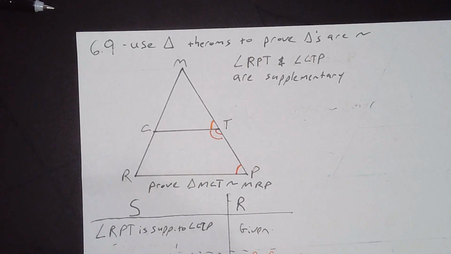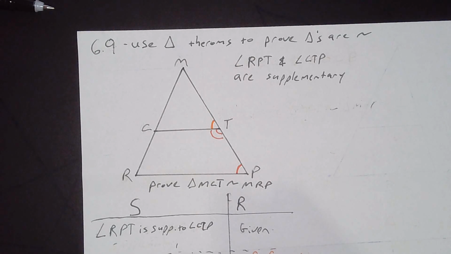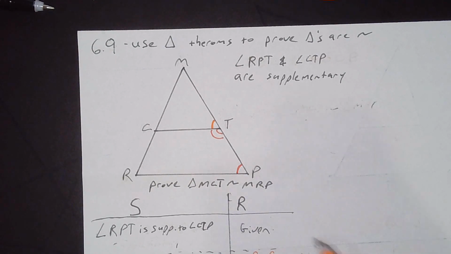That means that the measure of angle CTM plus the measure of angle CTP equals 180. That's because of the definition of supplementary angles.